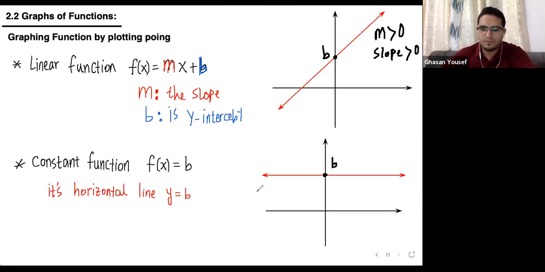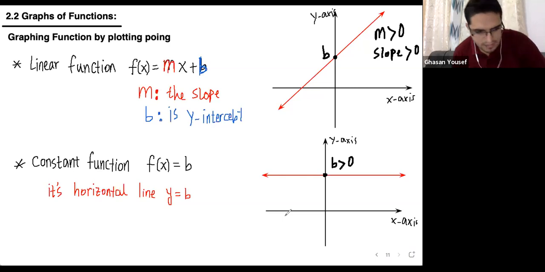Here b is positive. And by the way, this is my x-axis and this is my y-axis.